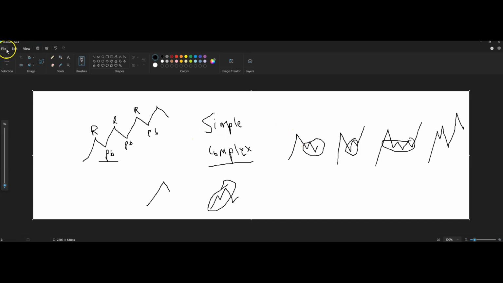Now why I bring this up is, while this is going on, especially as a Wyckoff style trader, you must know how to identify the pullbacks. Why?